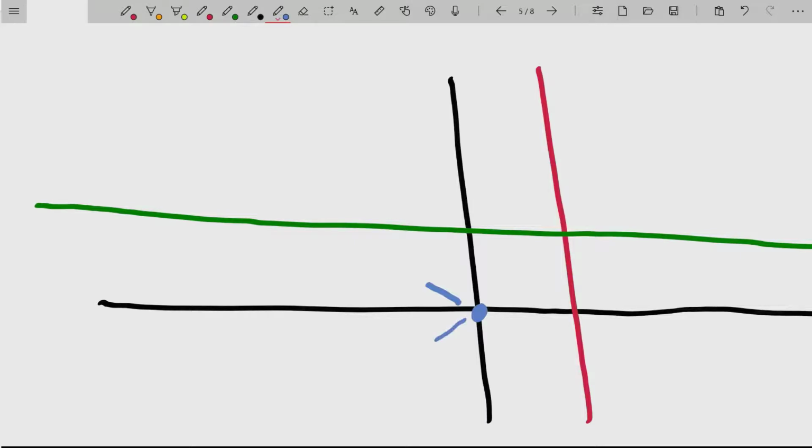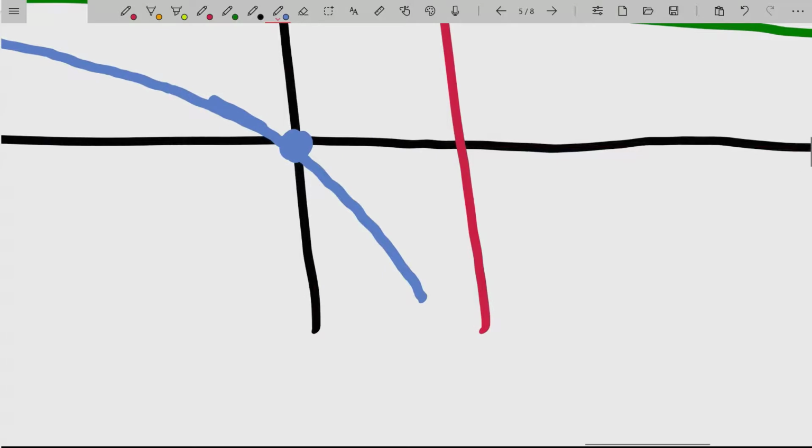It's actually going to move up here when it goes to the left because it'll want to approach this horizontal asymptote. So I know that. And then as it crosses this horizontal asymptote, horizontal intercept, because it's multiplicity 1, it goes right through it. It'll want to approach this vertical asymptote.